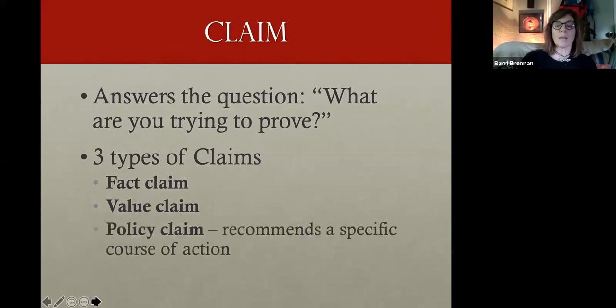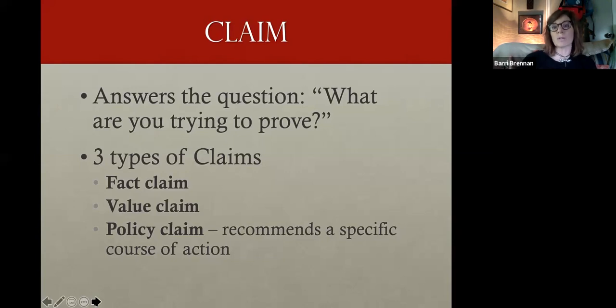A policy claim recommends a specific course of action. So if I were to argue that the Endangered Species Act needs to be rewritten, maybe put into an amendment or a law in a way that it can't be changed, or rewritten in a way that it always protects, it can't stop protecting certain animals, or rewritten to encompass the concerns of the animals that are going to go extinct.